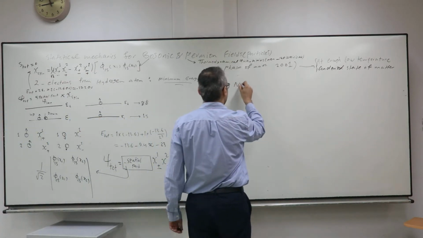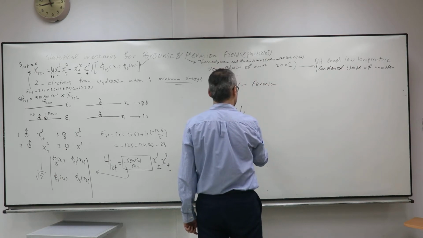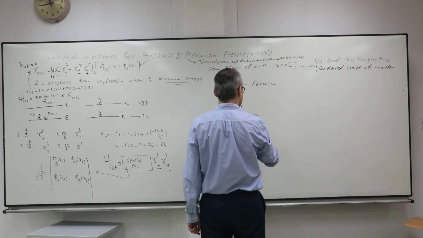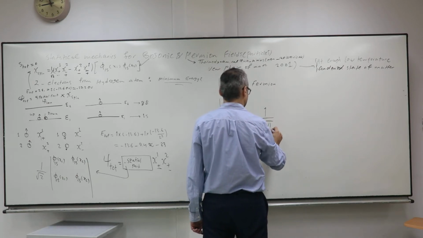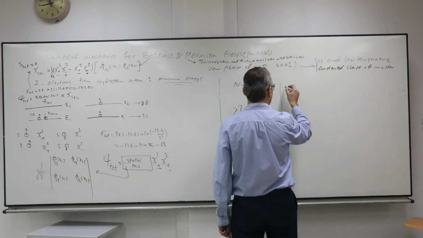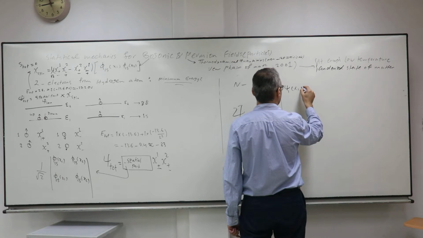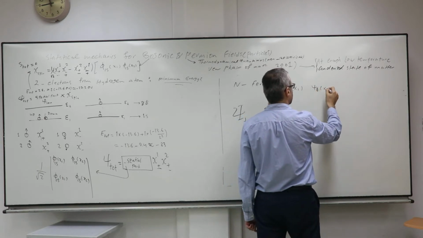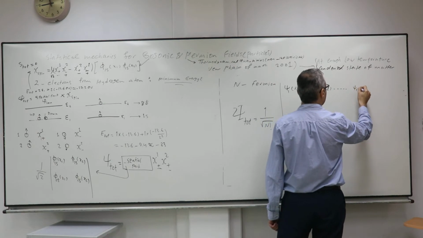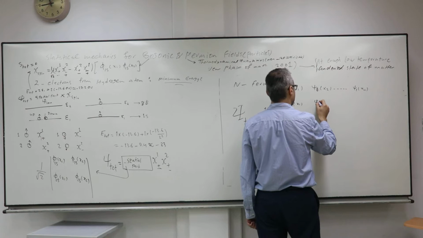For the system with N fermions, we have this total wave function. Psi 1 of x1, psi 1 of x2, psi 1 of xn, psi 2 of x1.